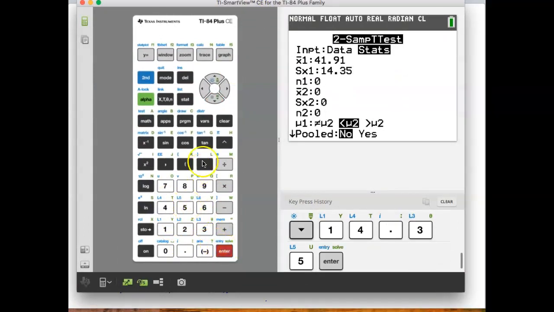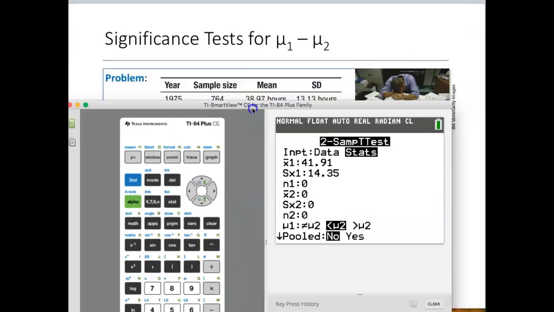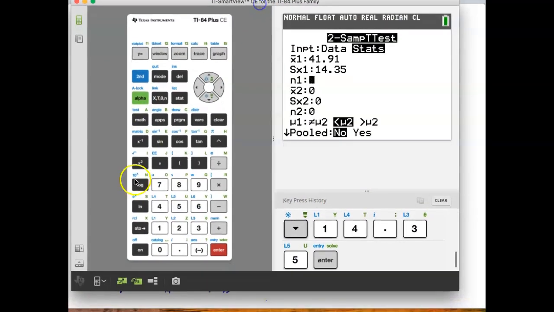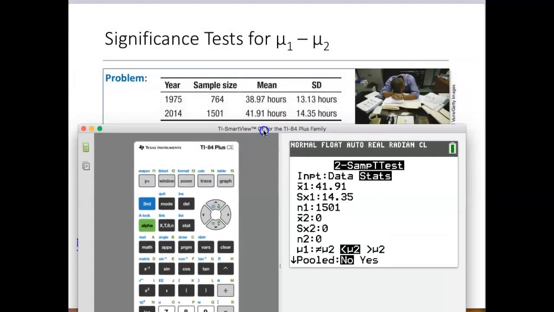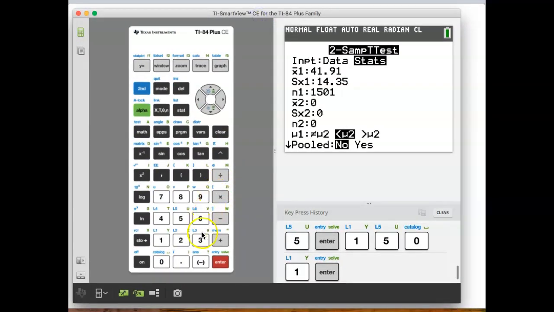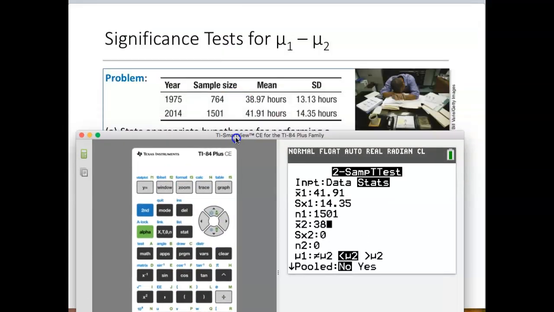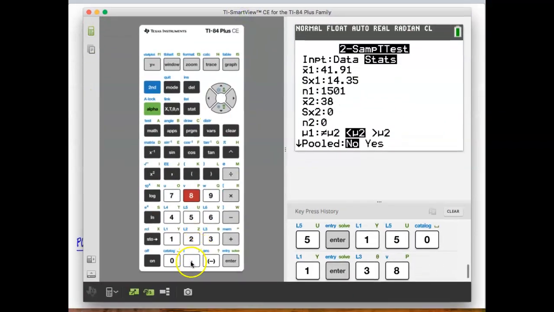And our sample size is 1501. Our 1975 mean was 38.97. Those lazy jerks. Not even a full 40 hours.